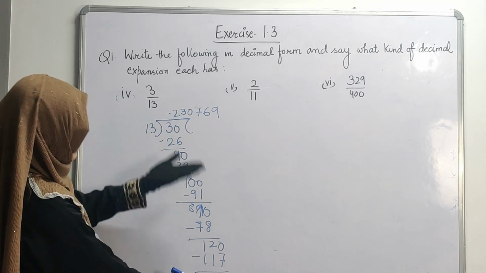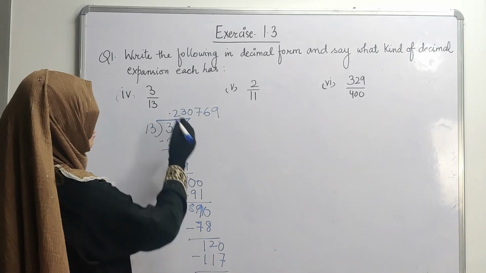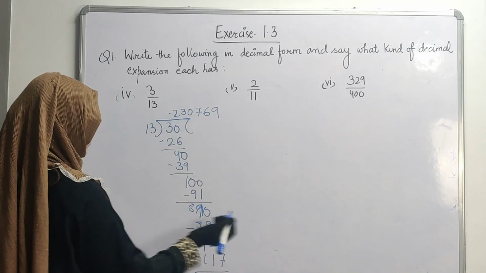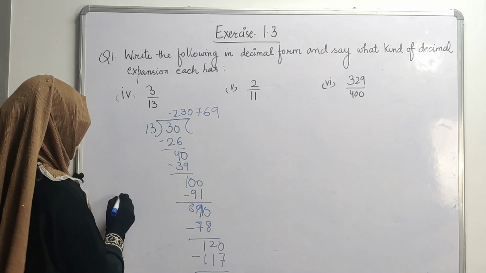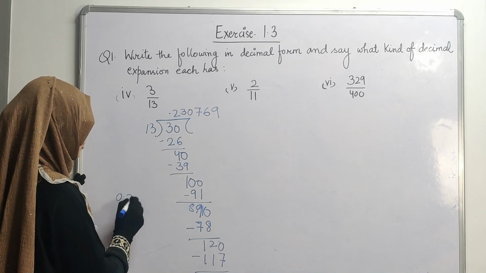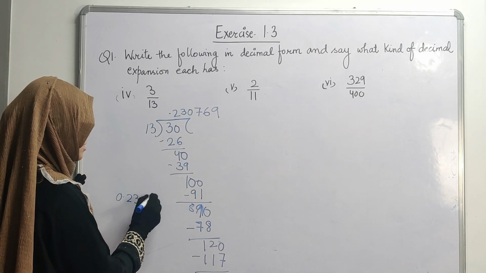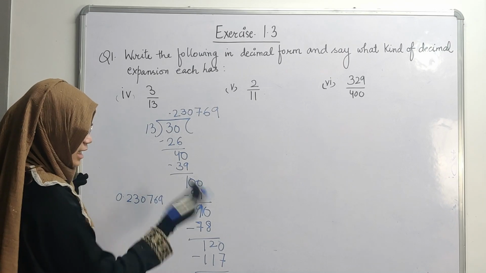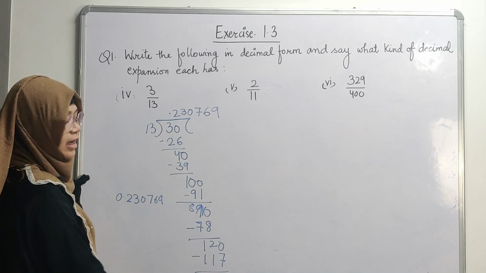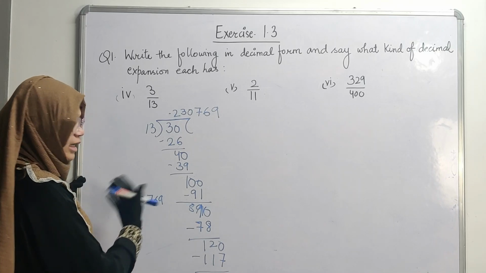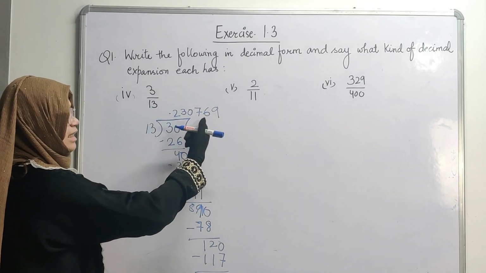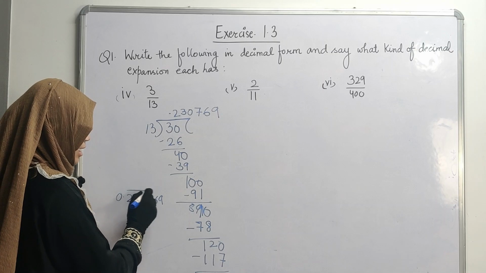It means अब आगे हम जो भी calculation करेंगे the number will become the same. Your answer is here 0.230769 and you know that अगर 3 आ गया और हम वापस आगे solve करेंगे it will become exactly the same. Then put a bar on this.